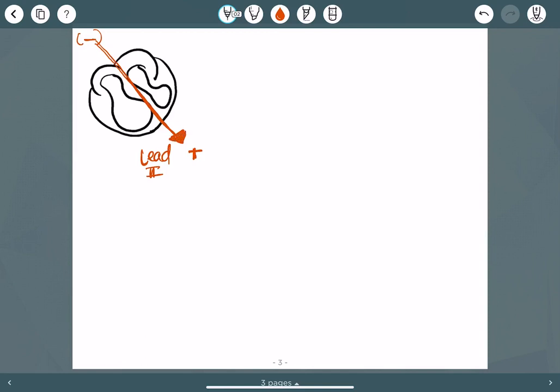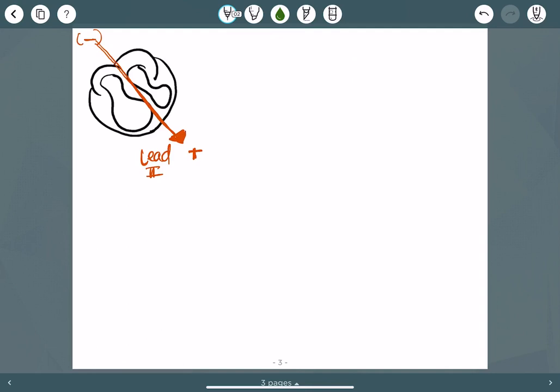This is the best lead to look at for kind of the norms of the heart, because it cuts through the heart in the same direction that the electrical current goes through. So it makes the most sense when you're first learning it to look at lead 2. And this will make more sense to you, the different leads, once we break that apart in the next lecture.